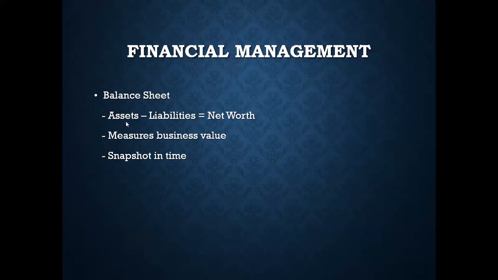That's also an asset as well. Minus liabilities, pretty much whatever you owe, and that gives you net worth. It measures your business value. We're talking about valuation. That's important also. You need to know the value of your business if you're going to sell it. And it only gives a snapshot in time, for example, for this year.